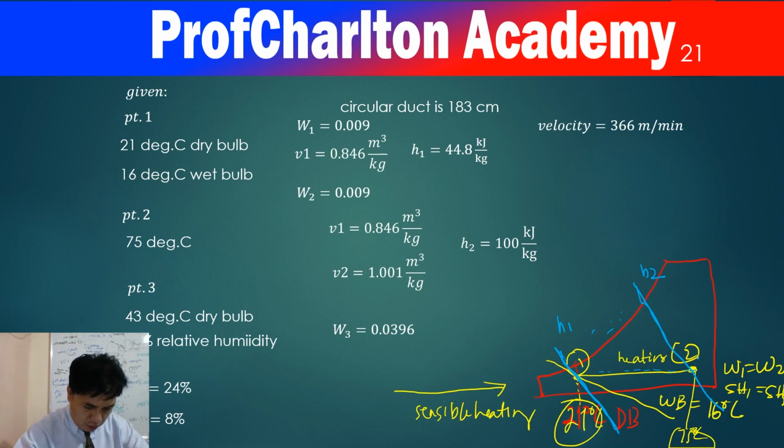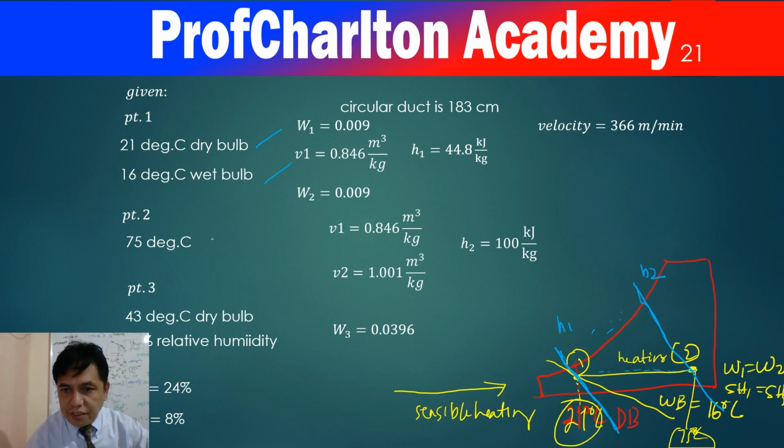We can also get other parameters if they are needed, like the specific volume. So we were able to locate this 21 degrees centigrade dry bulb, 16 degrees wet bulb. We can get the enthalpy 1 there.